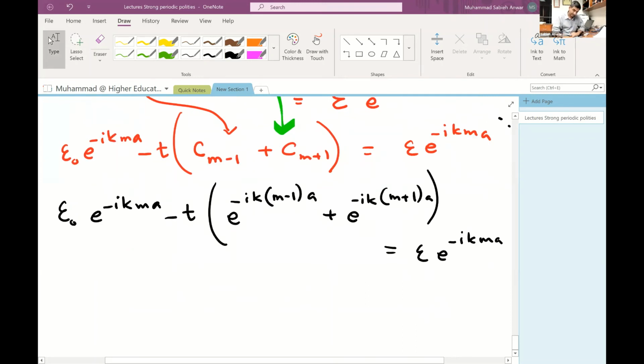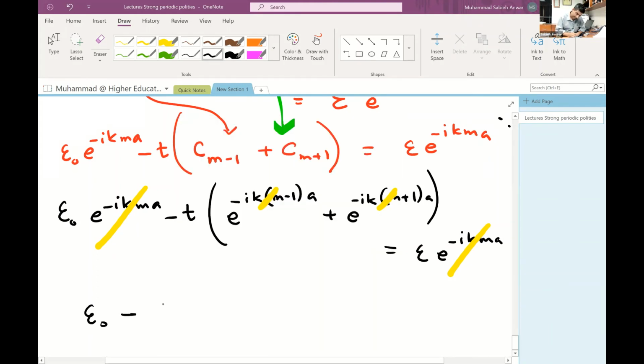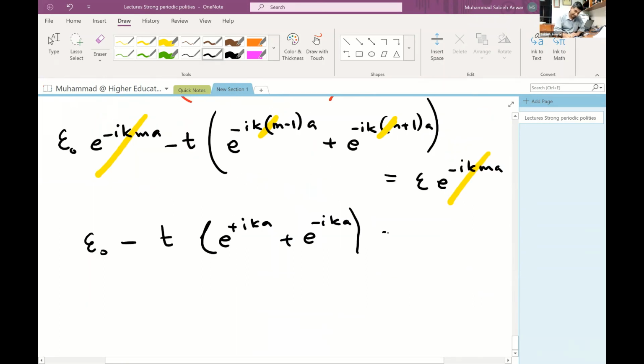So I can simply cancel out this term from both sides, and I'll be left with epsilon naught minus t (e to the i k a plus e to the minus i k a) equals the energy. Lo and behold, I've gotten the energy.